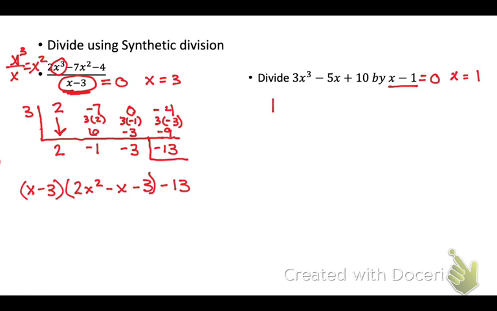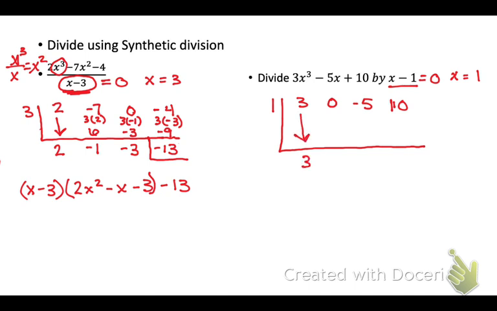So 1 comes out here, and what do I put in the top row? 3. I put the coefficients, so I put 3, 0. Why do I put 0, Cadence? There's no x squared, -5, and 10. Never mind. I bring down the 3.